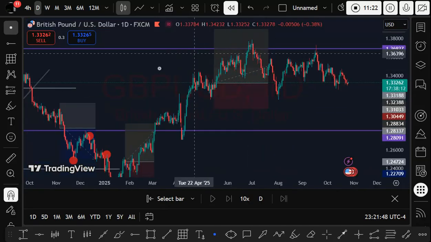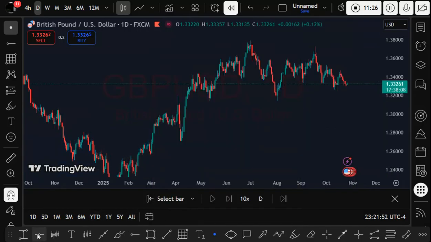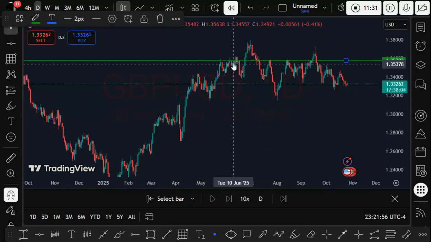It moved up, found some resistance here, then it's trying to drop and take out this low. So if it's going to be dropping, guys, I believe that the market will be coming to take out the low.